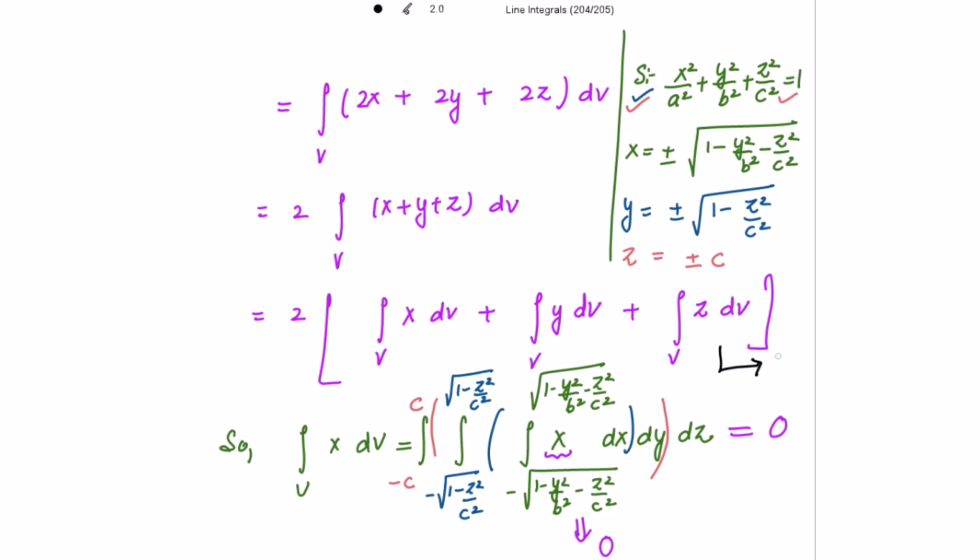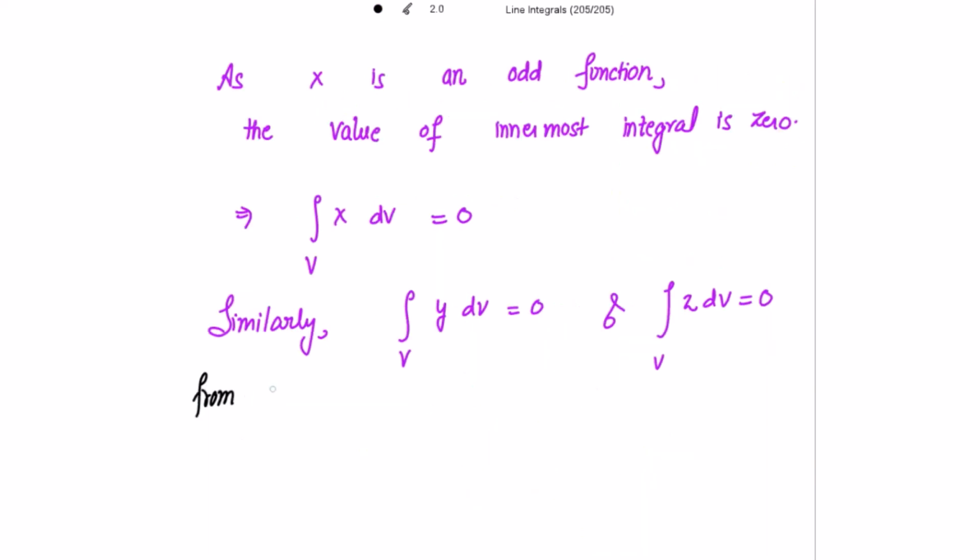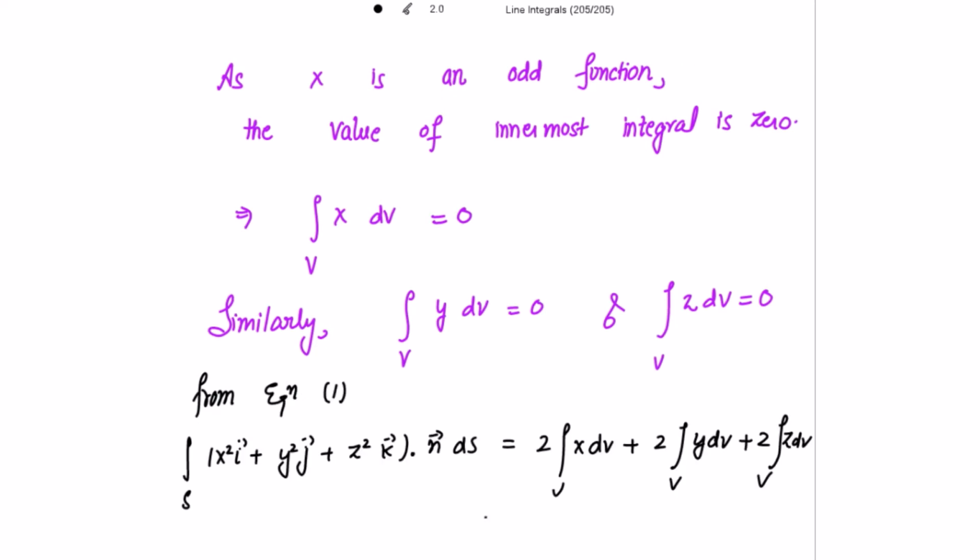Let's mark this equation as 1. So from equation 1, this is equal to first integral is 0 plus second one is also 0 plus third is also 0. So we are getting the surface integral to be 0.